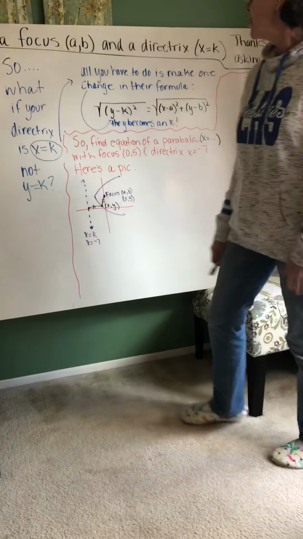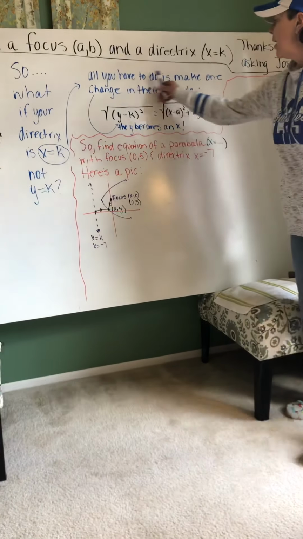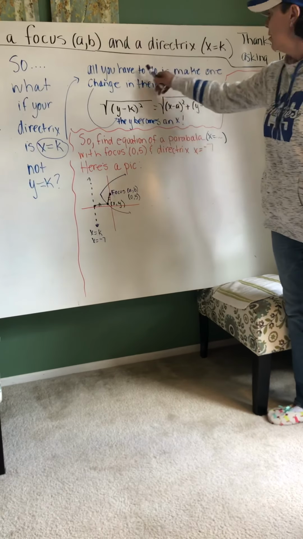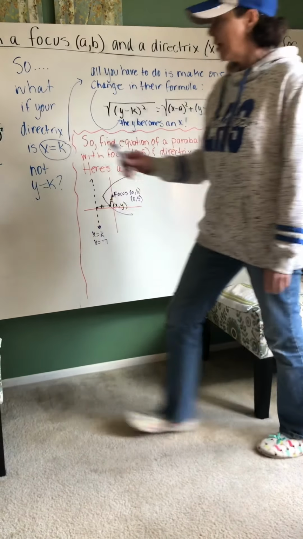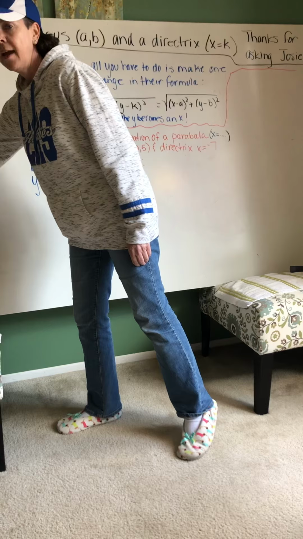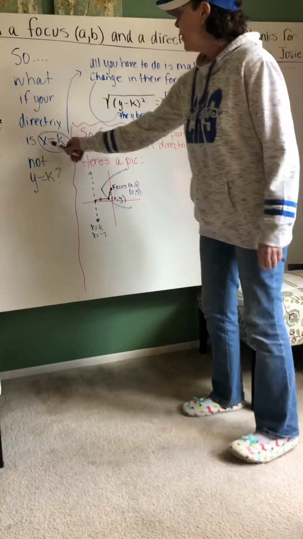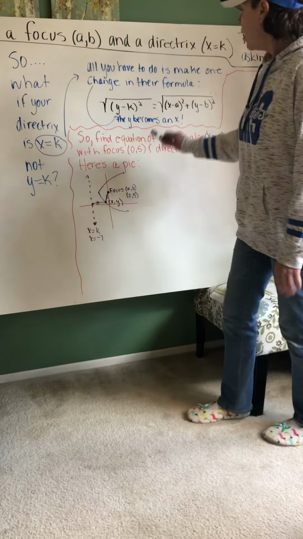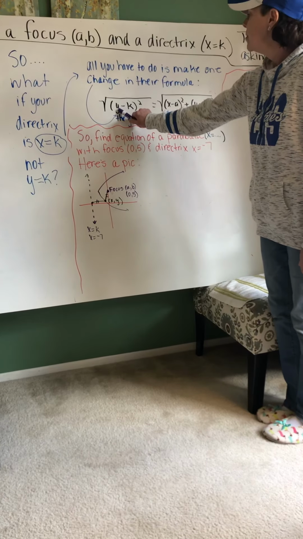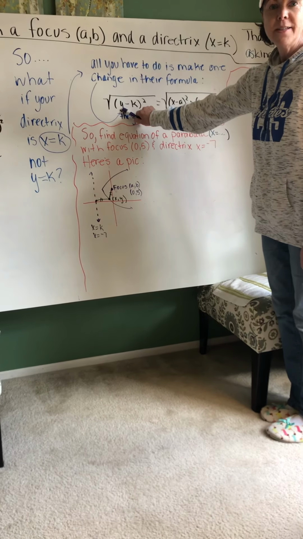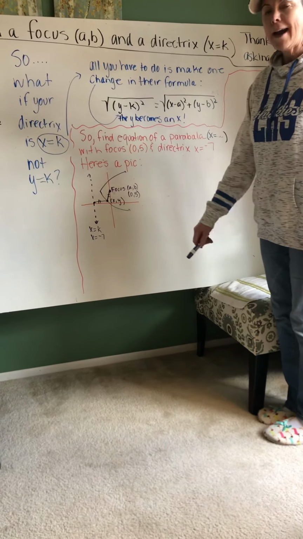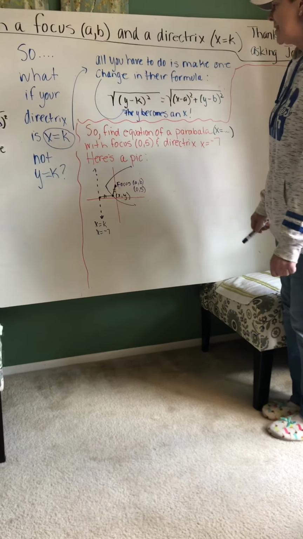Luckily, this solution is pretty easy. All you have to do is take their formula. The y was with the k. Now we have x with the k. So the only change we make is right here. This y is going to be an x. Everything else is the same.